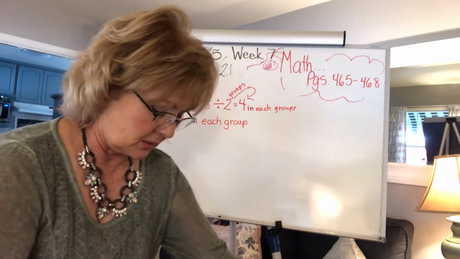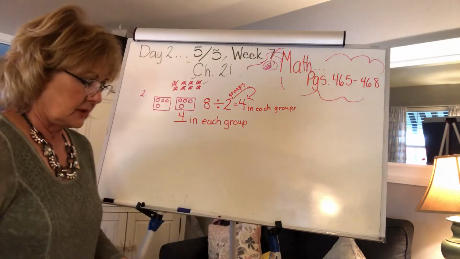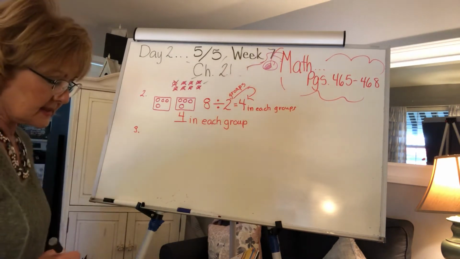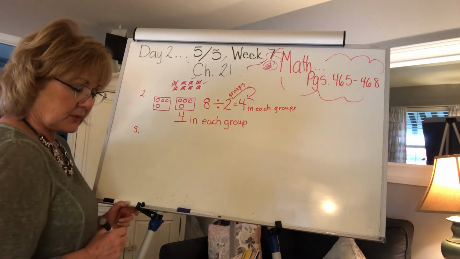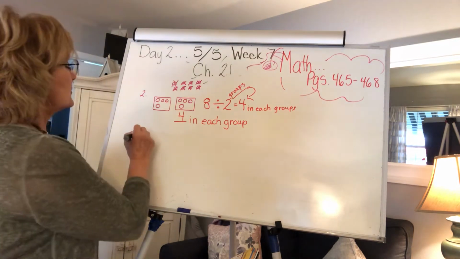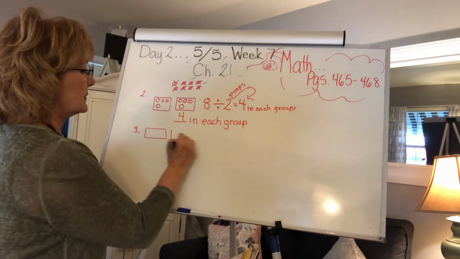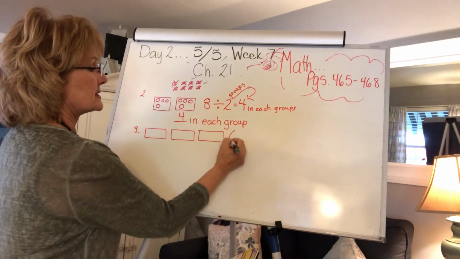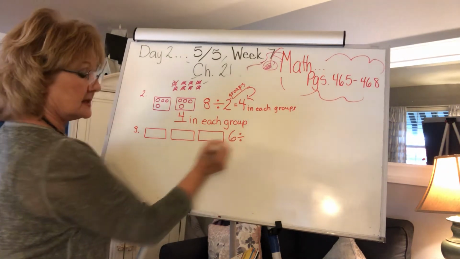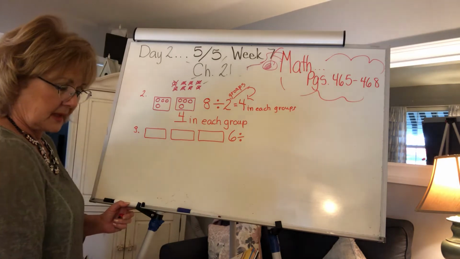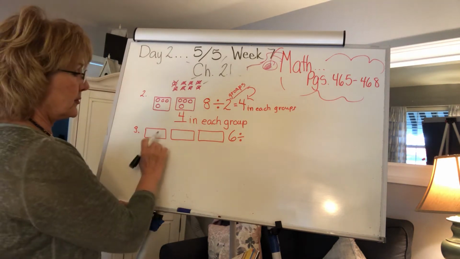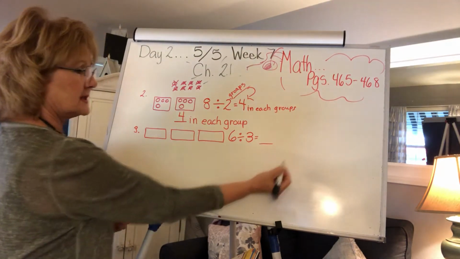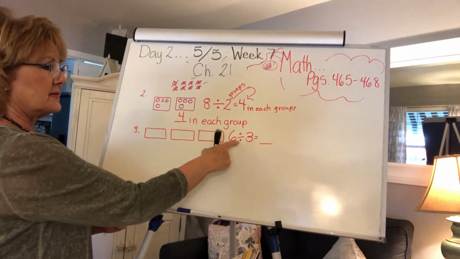So go to number 3. It says divide 6 into 3 equal groups. So how many groups do we draw? 3. And because we are extra smart, let's do this. 6 tater tots all together into 3 groups divided by 3. Okay, we'll see what happens. 6 divided by 3.